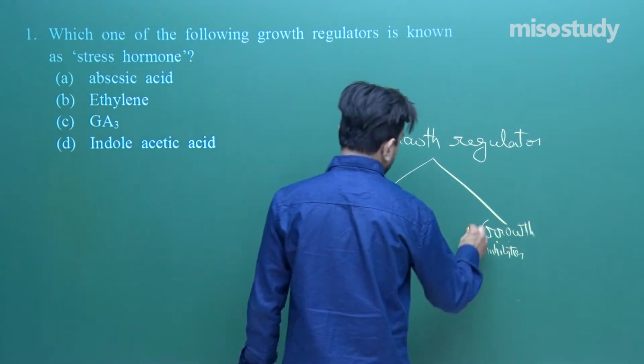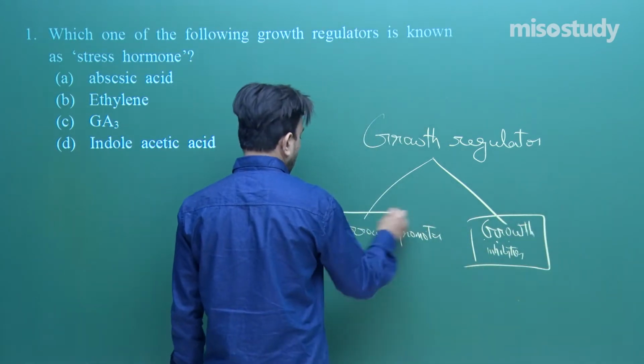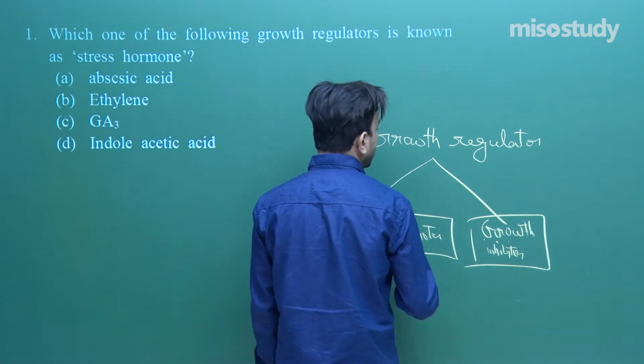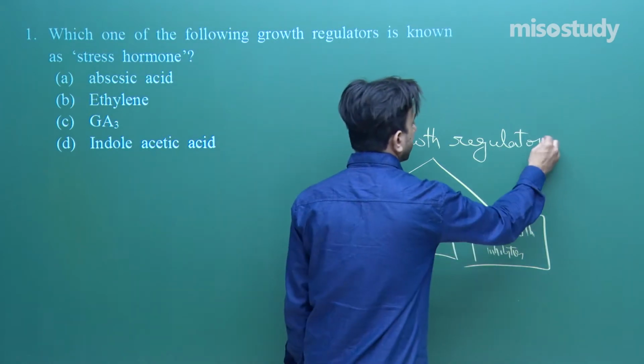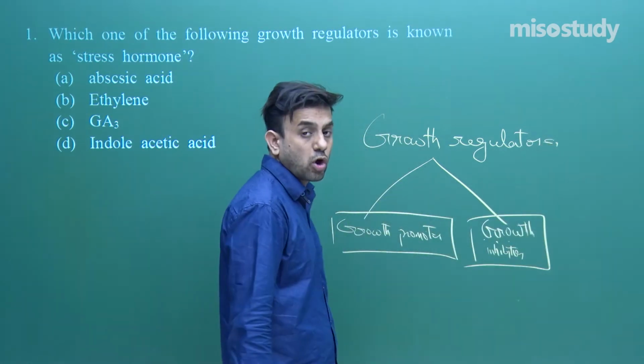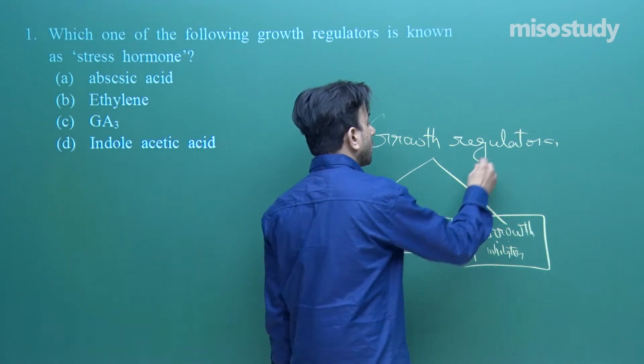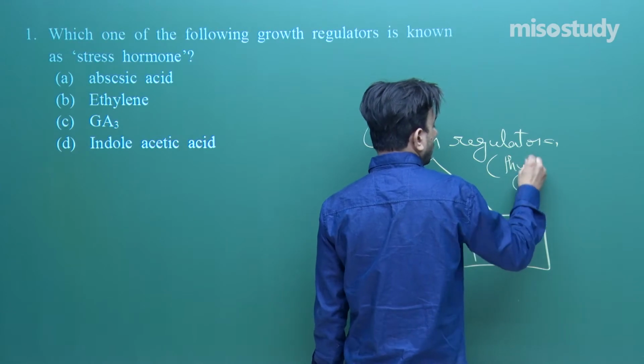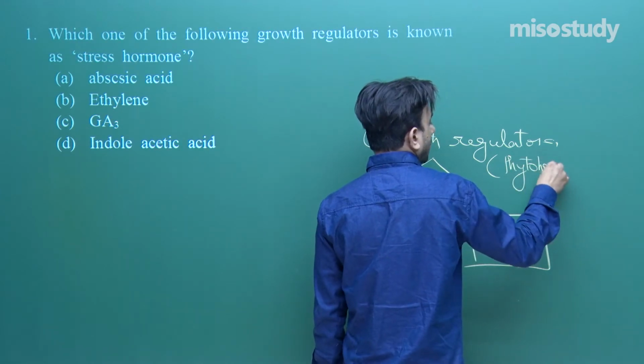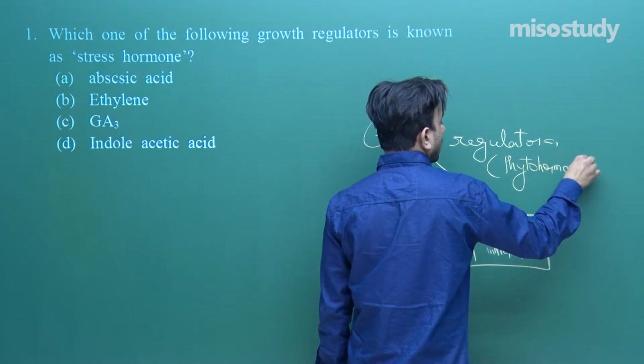These growth regulators are the phytohormones, which regulate the growth. They will either increase or decrease the growth.